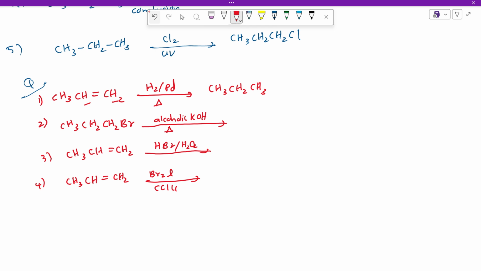In this case, once you add alcoholic KOH, we can remove one HBr. That means this Br and a hydrogen from somewhere else could be removed. Somewhere else in the sense we can create a double bond here if we remove a hydrogen from this position.